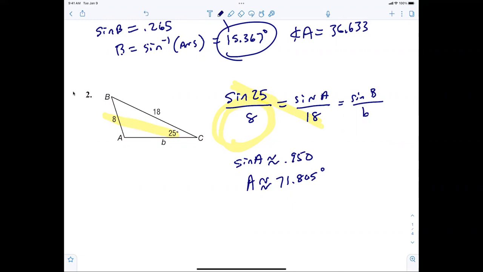What I'm trying to tell you is, at this stage of the game you are supposed to be able to tell me that you multiply these two things together and you divide by 8. That's what you're supposed to be able to do. So now quickly, on your calculator, 18 sine 25 divided by 8.